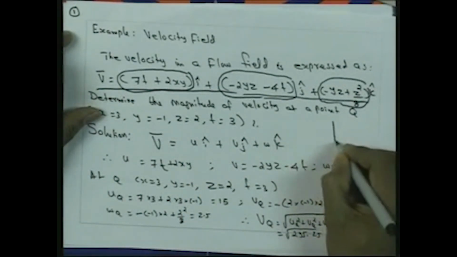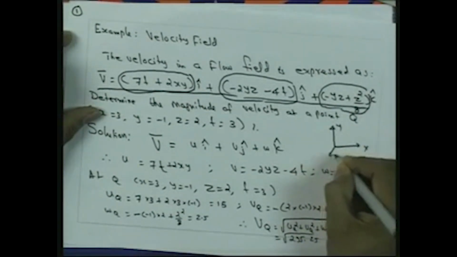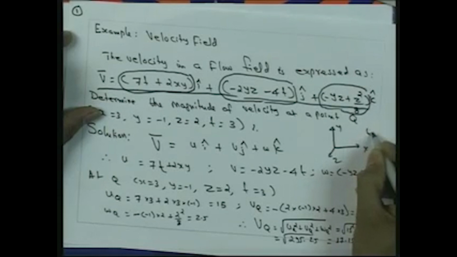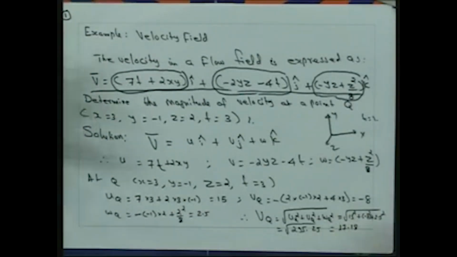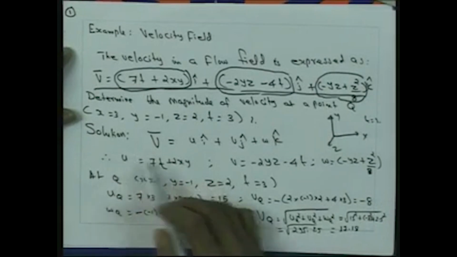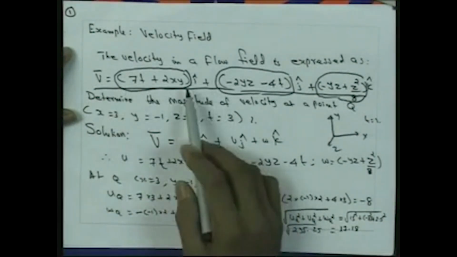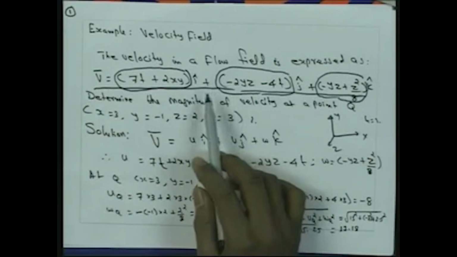So the coordinate system x, y, z is given here, and time is also given. We want to determine the magnitude of the velocity at the point x equal to 3, y equal to minus 1, z equal to 2, at time t equal to 3. Here the velocity field is already given by this function.